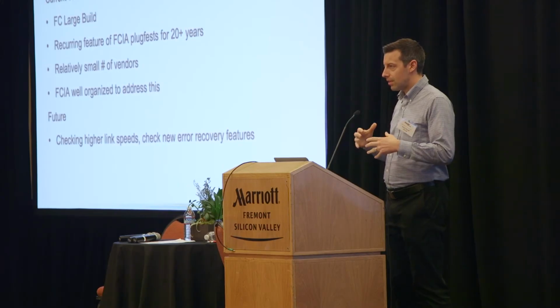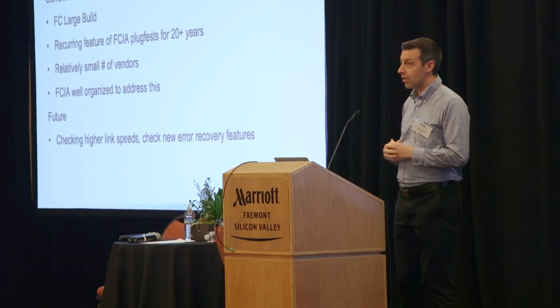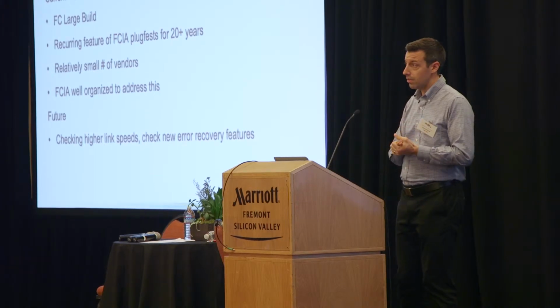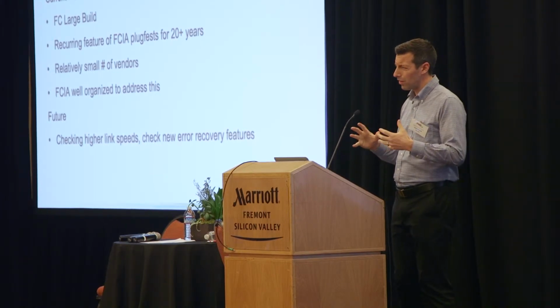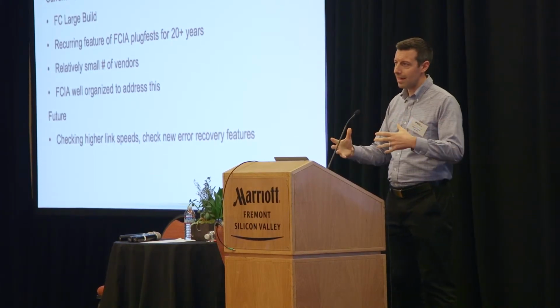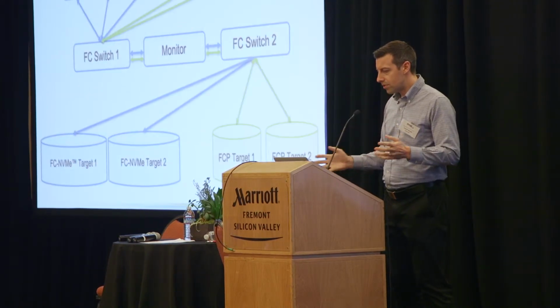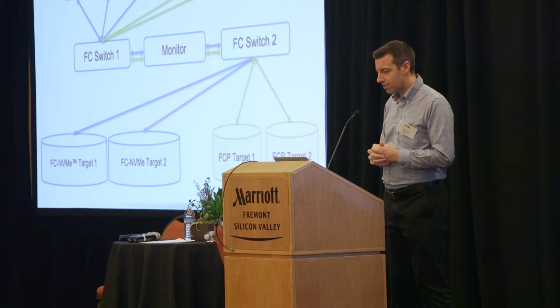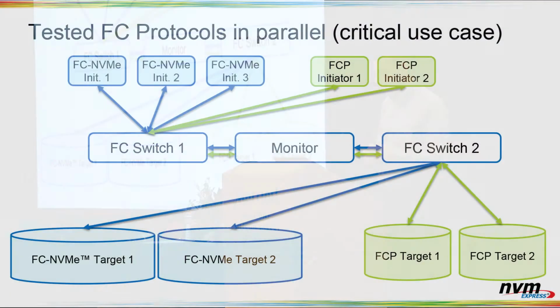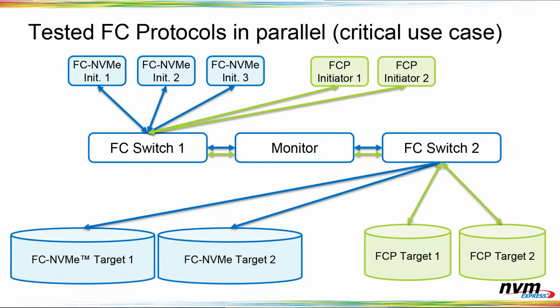So I think for these other tests, specifically what we're doing for RoCE and TCP, we can learn a little from that and take that kind of large build approach and use it there as well. Some things that we did in the past at Fibre Channel events: running FC protocols in parallel. That was a very interesting one, running FCP and running FC-NVMe in parallel on a network, because that was a very important use case for Fibre Channel.